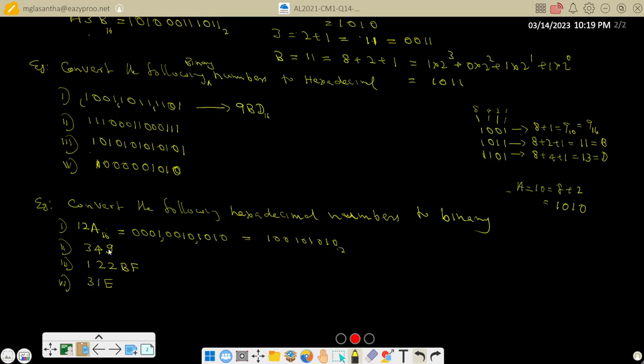Very simple. Finally you can cut the beginning zeros, they have no value, you can cut those 3 zeros. Then you get the binary equivalent of this number. 12A is equal to this one. Is it clear? Yes. Right.